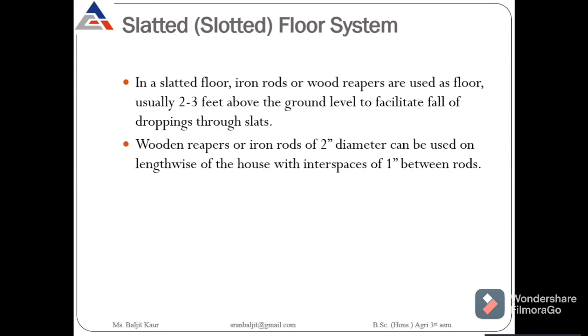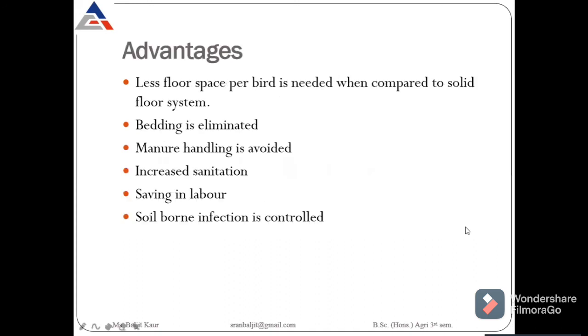Wooden reapers or iron rods of 2-inch diameter can be used lengthwise in the house with an interspace of 1 inch between the rods. So what are the advantages of the slatted system? Less floor space per bird is needed when compared to solid floor system. So less space is needed. Bedding is eliminated.